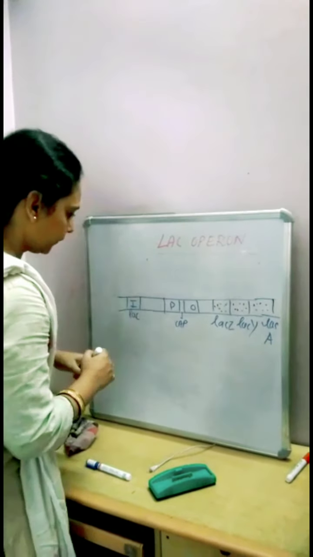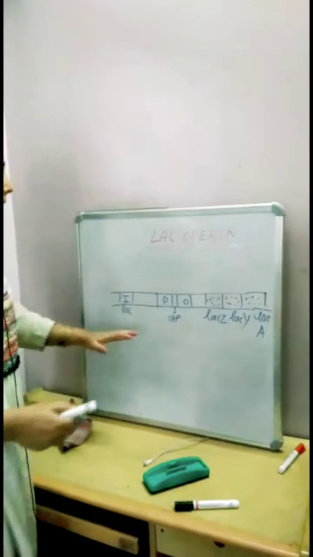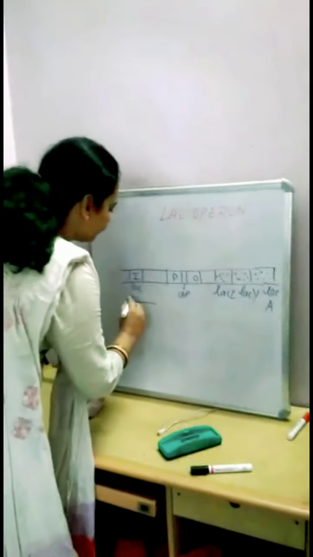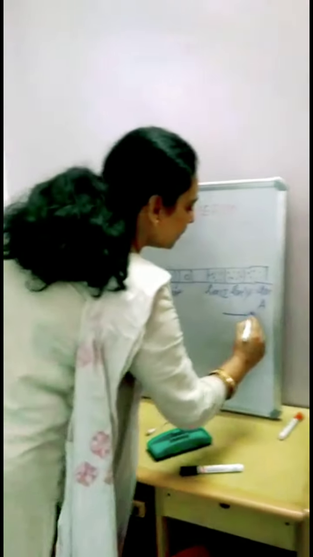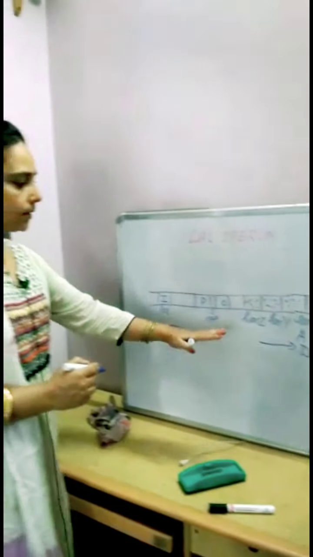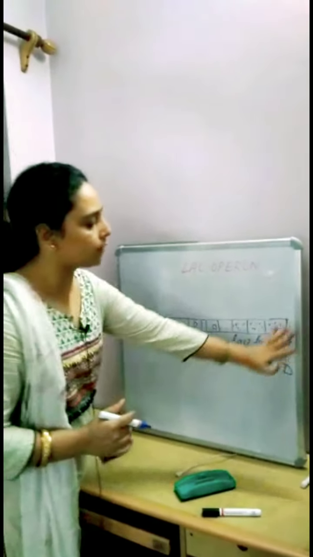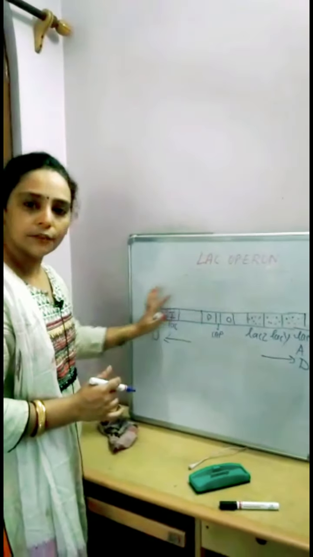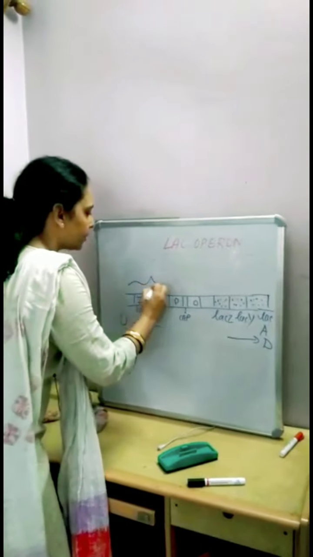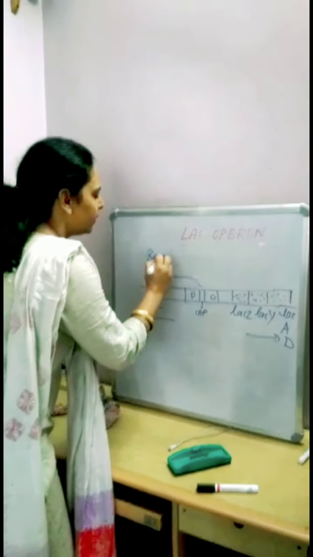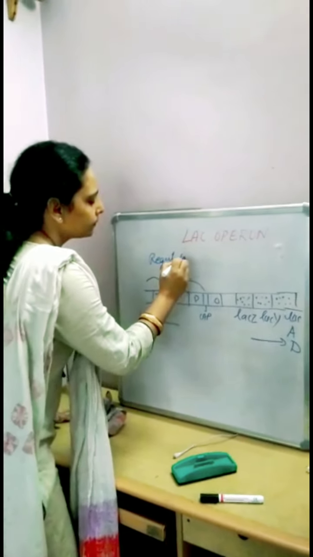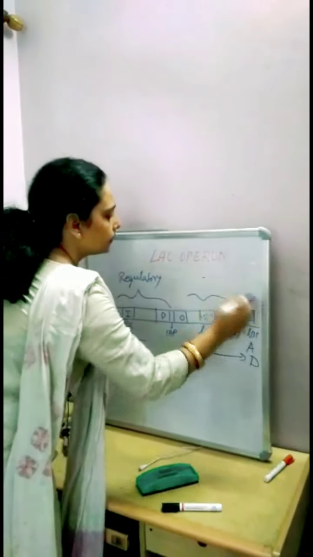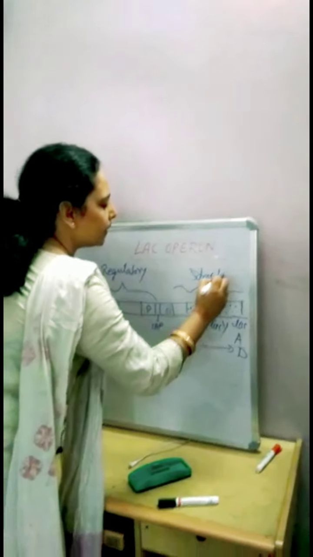Now see here, this is the upstream and this is the downstream. Downstream consists of the structural gene part, and upstream consists of the regulatory gene part. That means this part is the regulatory part, controlling, and this part is the structural gene part.